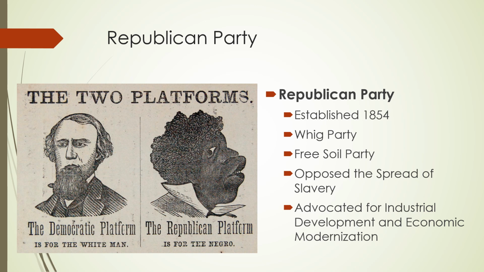Now there's a picture here, and obviously this picture is problematic. There are some problems looking at a picture like this, but this is a campaign poster from this time period. I want to point out, if you look, it says the Democratic platform is for the white man, and the Republican platform is for the Negro.